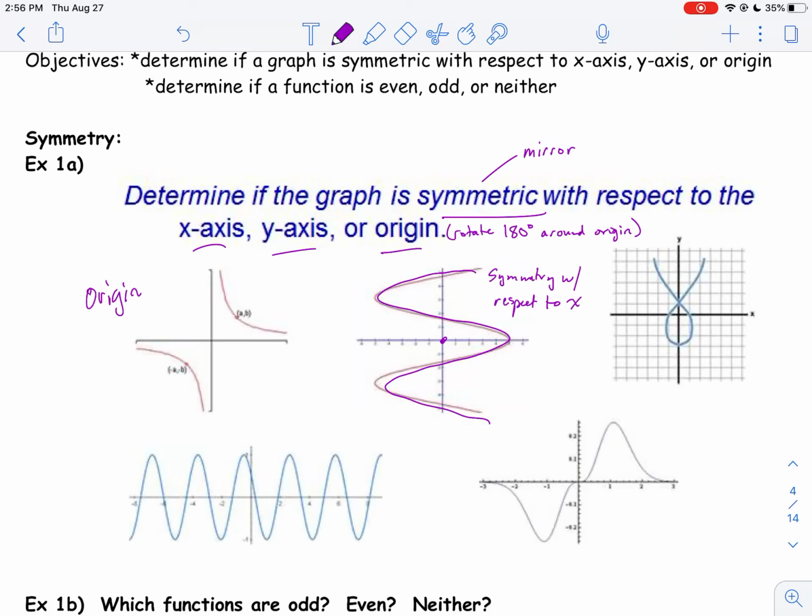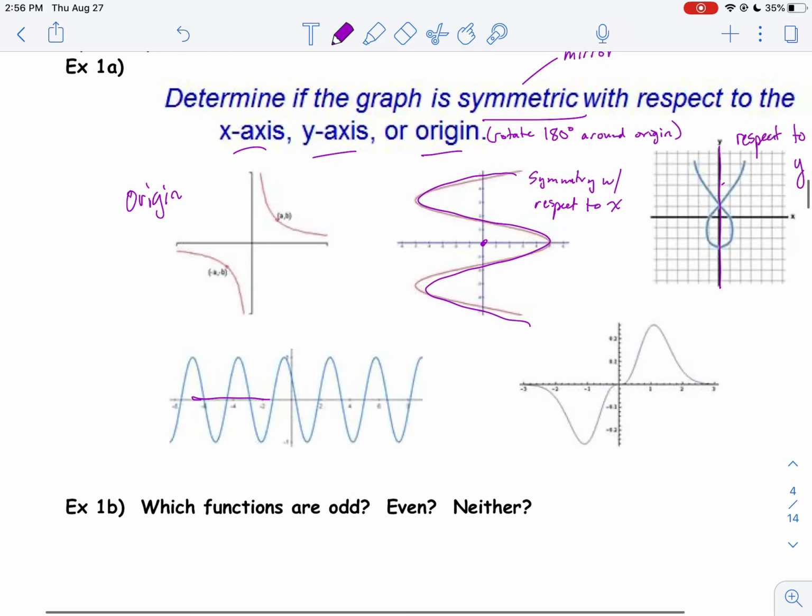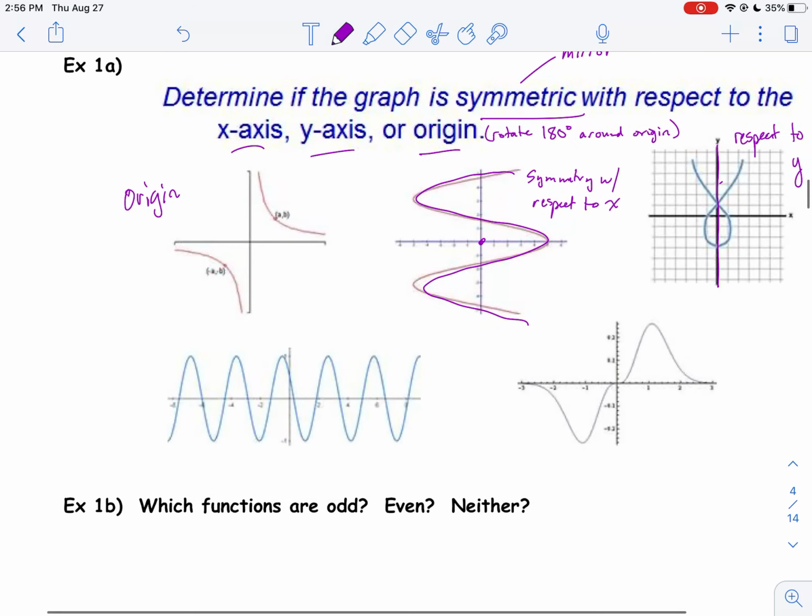It could be some of each. This one, with respect to y. This one, neither. If you would fold it over, it doesn't quite match. It would need to look something like that, so it's not with y. And same way with x. If you folded it over, it would have to match something like that, and it doesn't. Symmetry, rotation, not quite. Here's why.